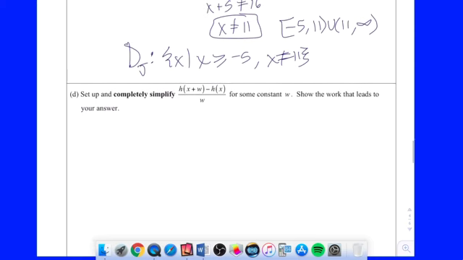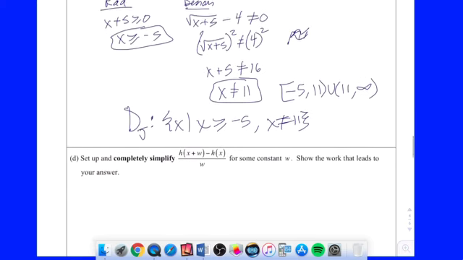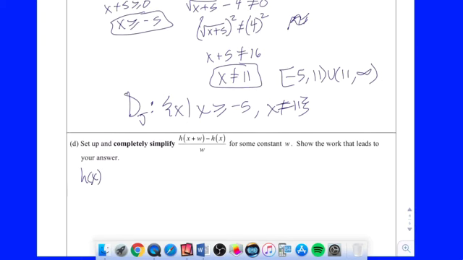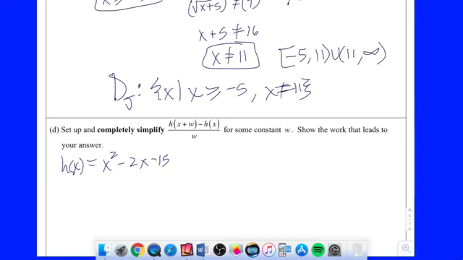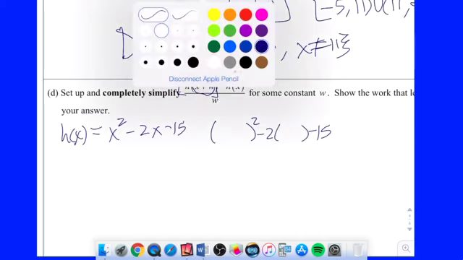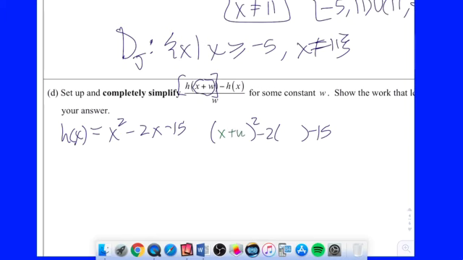All right, then the last one here. This is the one that you're going to be working for homework if you miss anything. And you should get this one correct from here on out. Minus 2x minus 15. Some people are still setting up the first term wrong. We are plugging in x plus w for x. So that's going to be blob squared minus 2 blob minus 15, and we are plugging in x plus w.